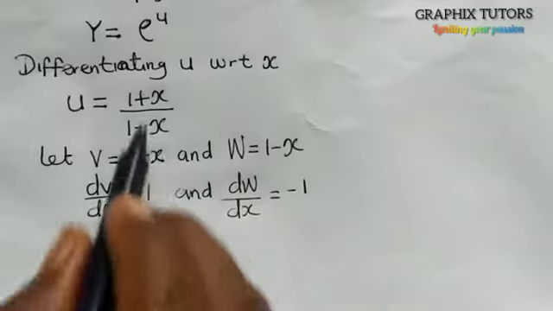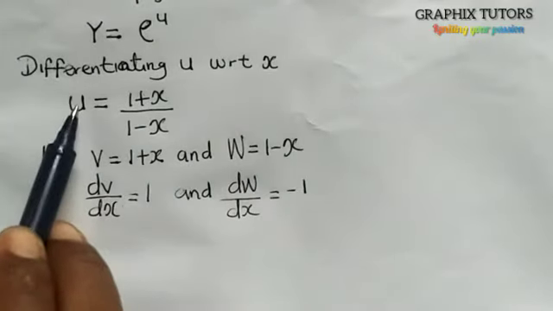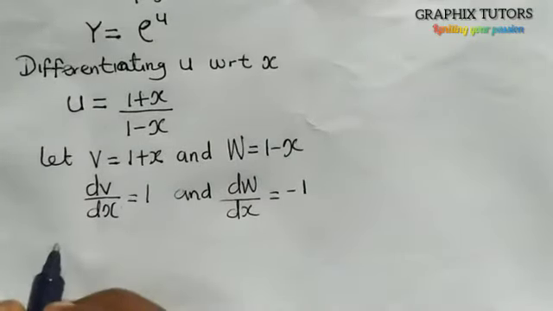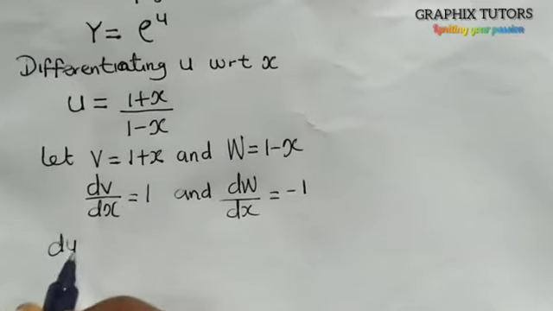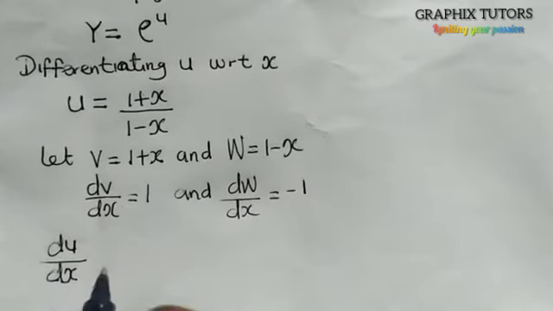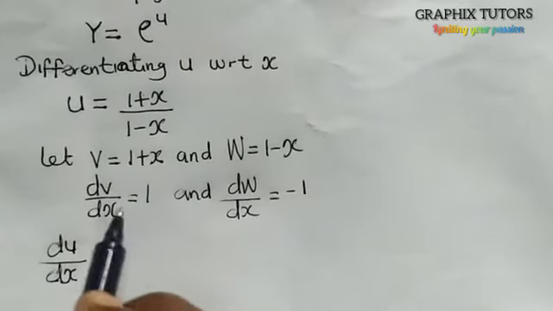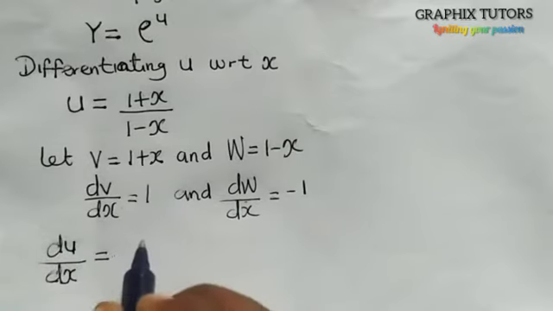Now, since it's the quotient rule and we're differentiating u with respect to x, du over dx will give me the subtraction of both of them because of division.